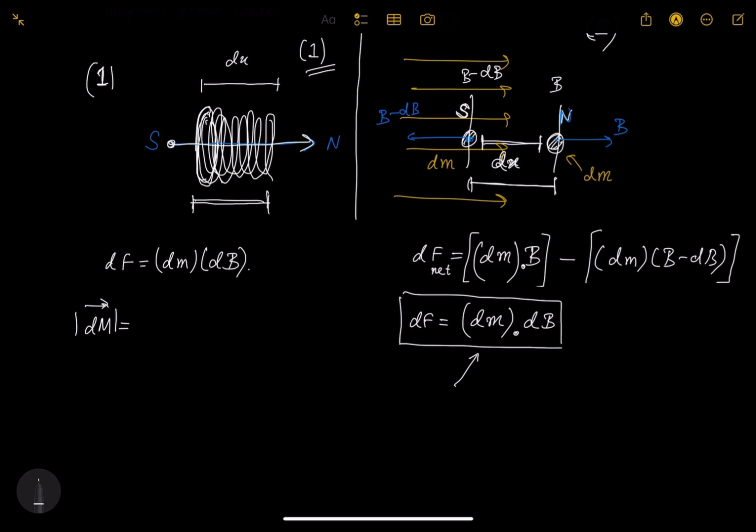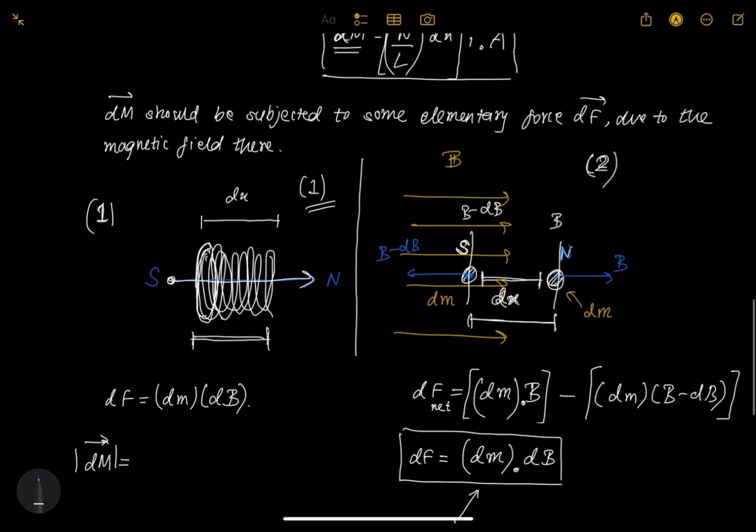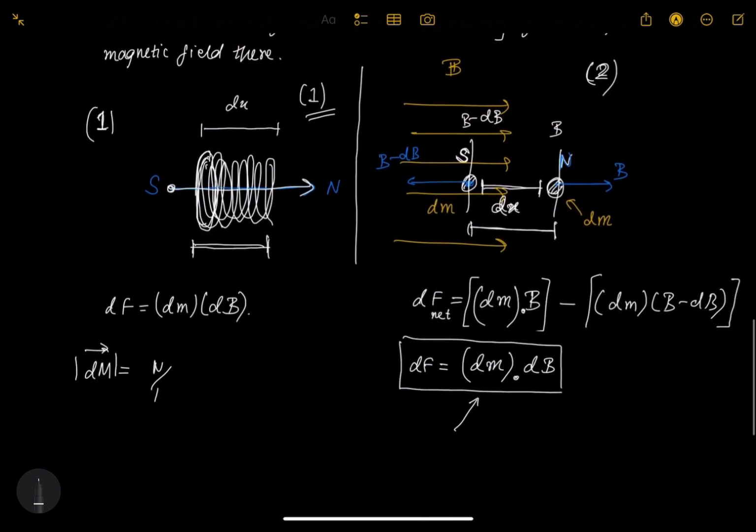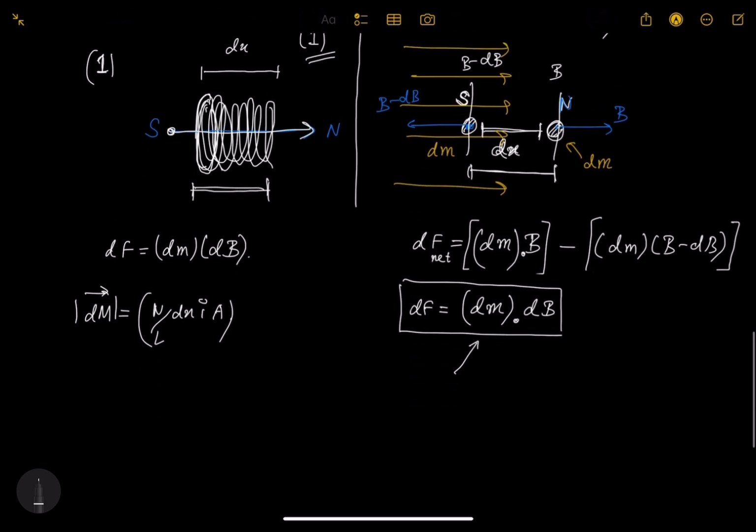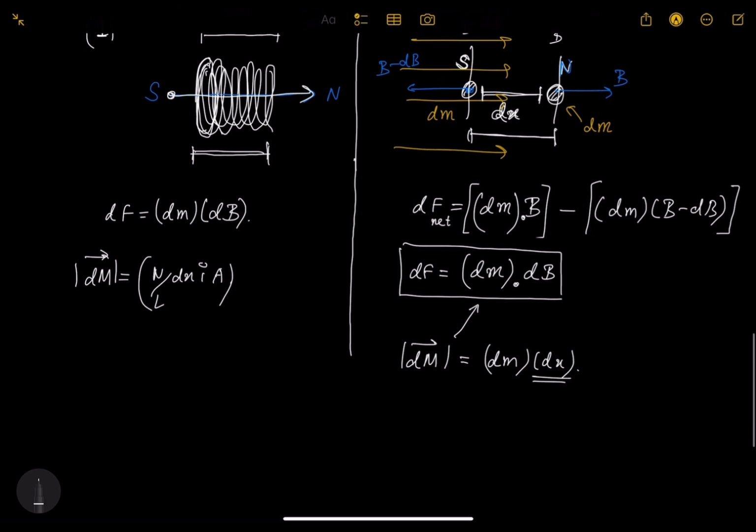The magnetic moment here is defined, I think we defined it earlier, as N over L dx IA. And the magnetic moment dm in the second picture is defined as the pole strength times dx, right? dx is basically that length that separates these two poles.